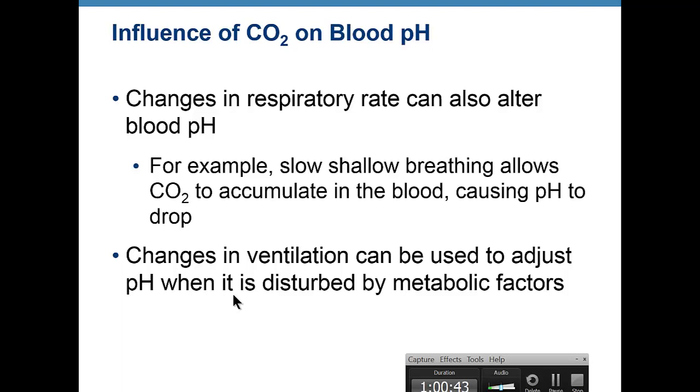So if someone has an acidosis condition, do they want to increase or decrease their breathing to get rid of that? Let's say it's due to CO2. CO2 is building up in the blood, causing pH to go down. How can the lungs respond to get rid of that CO2?